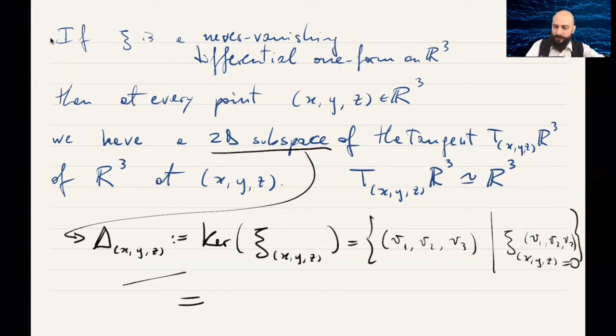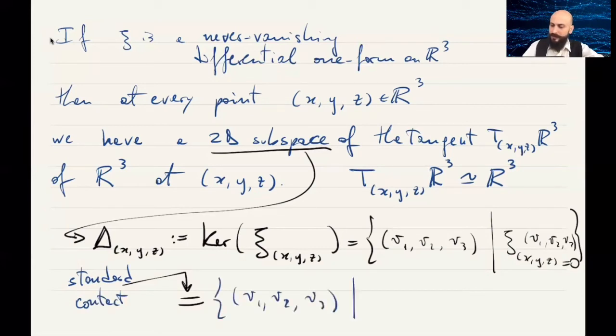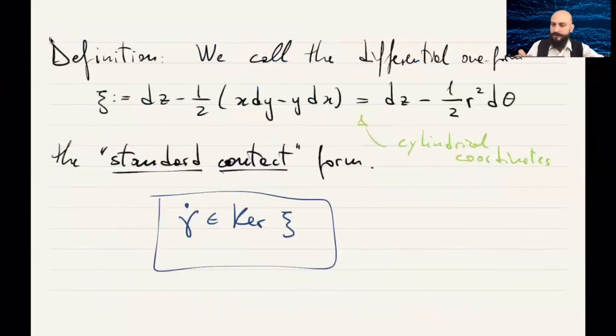In the case of the standard contact structure, this is the set of v1, v2, v3 such that v3 is equal to 1/2 of x v2 minus y v1. Right, this is the form xi.